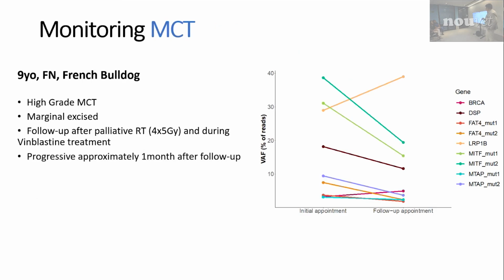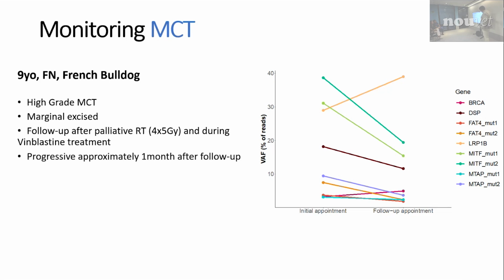And then the mast cell tumors, just as I think I discussed with one of you, it's always challenging to monitor, because whether we have some mast cells anywhere in lymph nodes, in liver, spleen, or anything else, that's always challenging, right? At the time of diagnosis, we have lots of mutations found in the circulation. It was marginally excised, and had palliative RT and vinblastine treatment.